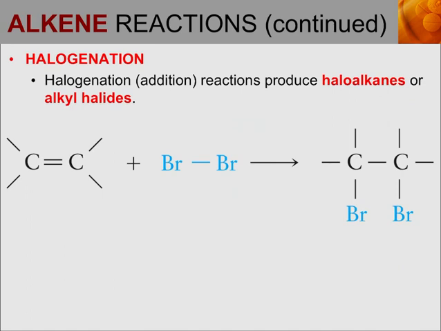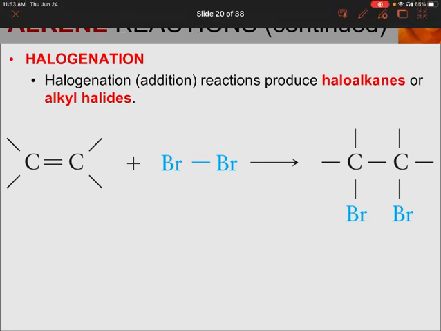So in the first reaction, we're going to focus on halogenation. Halogenation, which is an addition reaction, produces what are called haloalkanes or alkyl halides. Again, we start with our double bond, and we're going to break the double bond, leaving the single bond.